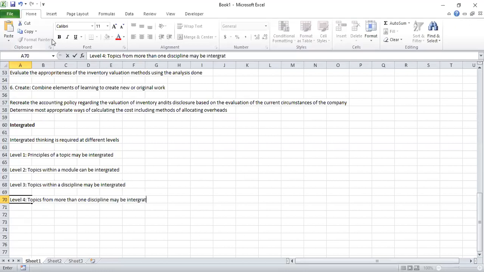These days, it's no longer shocking that you are busy writing FAC, then they ask you a question on tax, or you face a question on auditing along the way. So it's very possible that various or different areas can be integrated within your exam.